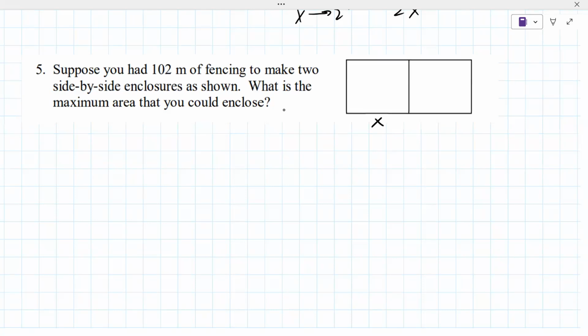One of the keys here is to label like x, x, y, y, y, x, x. Could you give me the area equation and then the fencing equation? So for area, it'd be 2x times y.